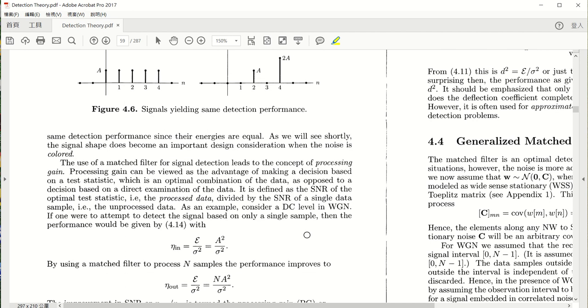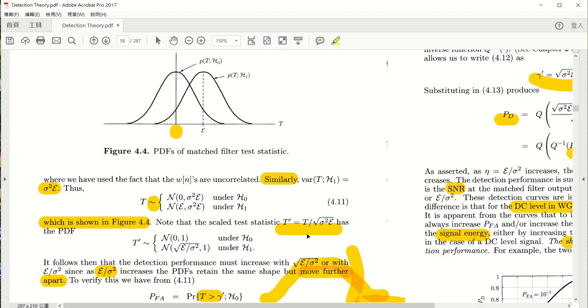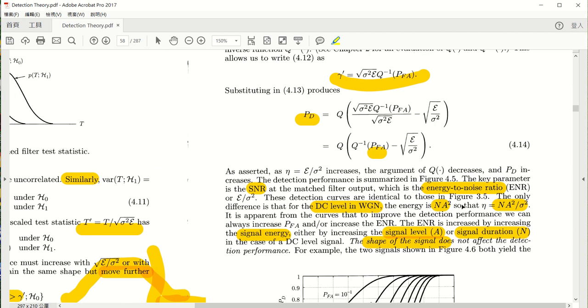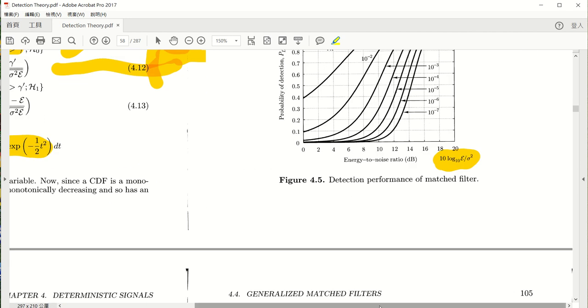I think this is a very good outcome, which gives you a PD and PFA, and then you can illustrate it.